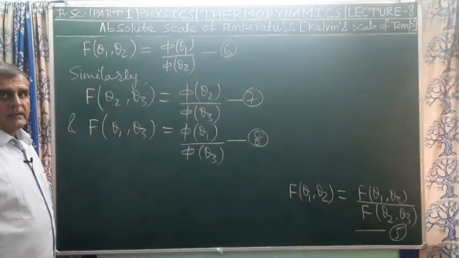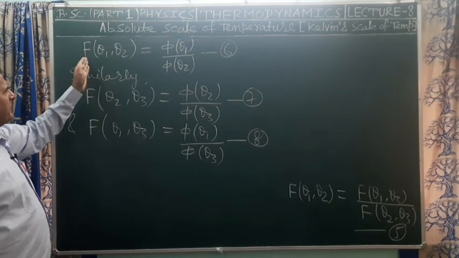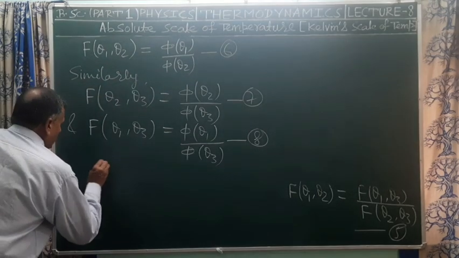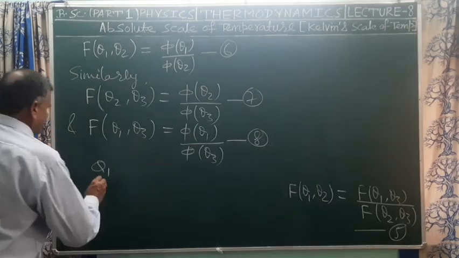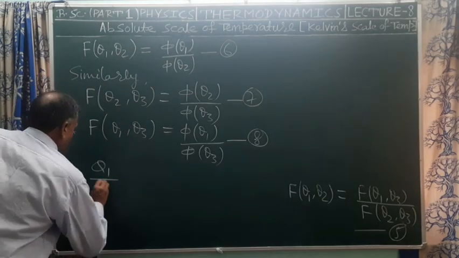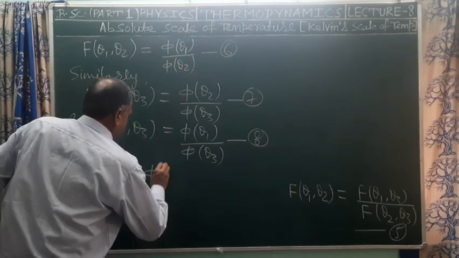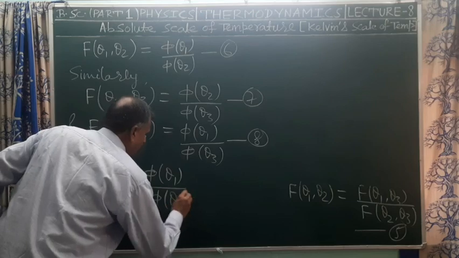Now, using equation 1, LHS of equation 6, that is capital F under bracket theta 1 comma theta 2, can be written as Q1 upon Q2. In place of F theta 1 theta 2, we can write Q1 upon Q2 equals RHS of equation 6, which is phi theta 1 upon phi theta 2.